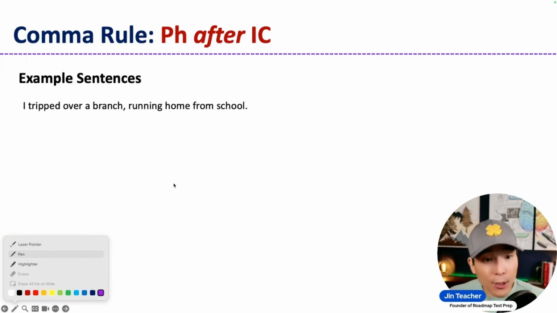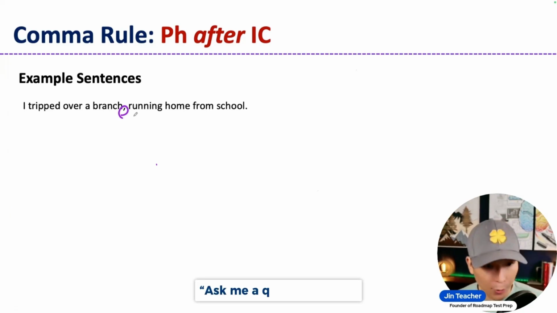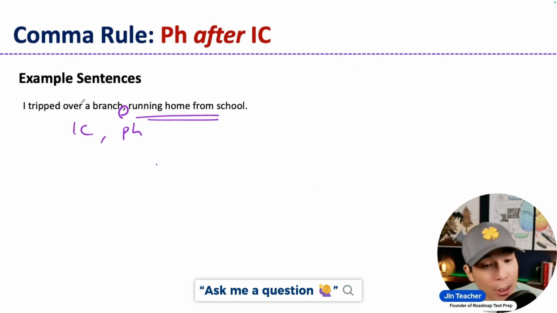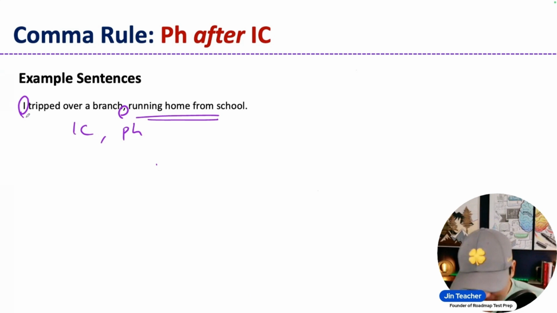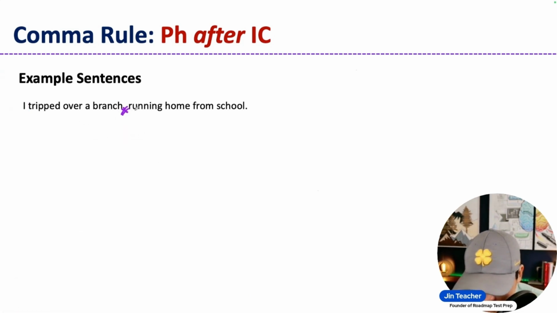Good. And so this is where putting the comma here is really important. Because when you put the comma here to separate the independent clause from the ing phrase, you're indicating that this ing phrase is referring to or modifying the subject I. However, if you did not have this comma between the independent clause and the ing phrase, which sometimes you might not, then this would indicate that it was the branch that was running home from school.